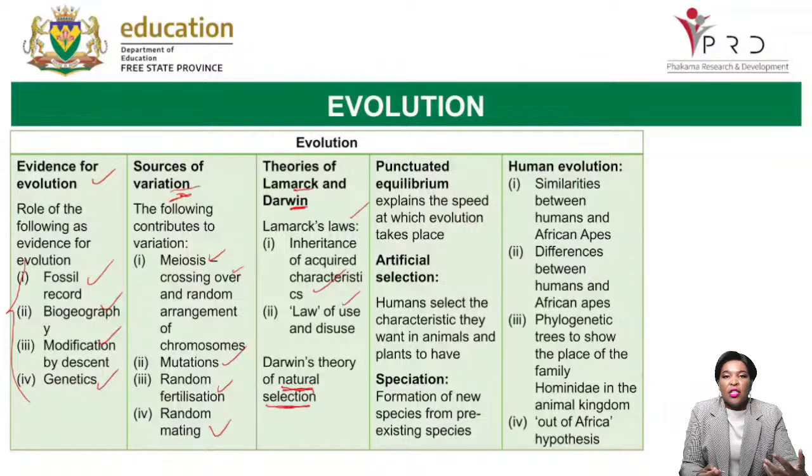Then these two scientists, we can compare their ideas, and then we can reject the one that is not relevant based on scientific evidence, and compare it to the widely accepted one. And then the most recent also, this one, I see that most of you are not paying attention to it. Punctuated equilibrium.